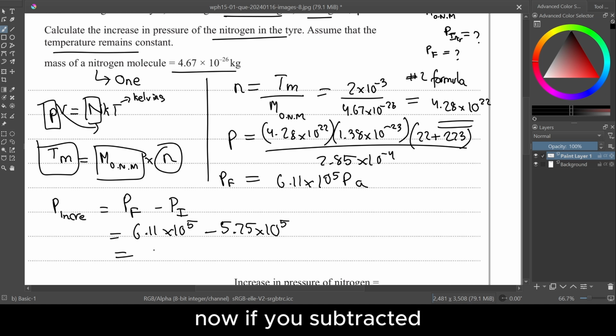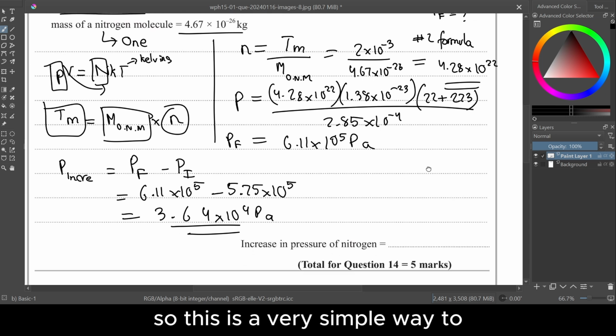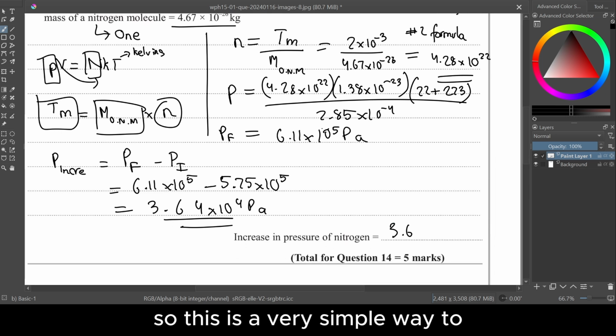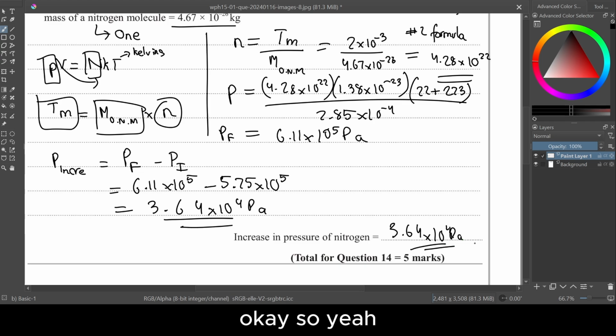Now if you subtract, you will get your increase in pressure, which is 3.64 times 10 raised to power 4 pascals. Okay, so this is a very simple way to get your answer for this increase in pressure. So yeah, this is your final answer.